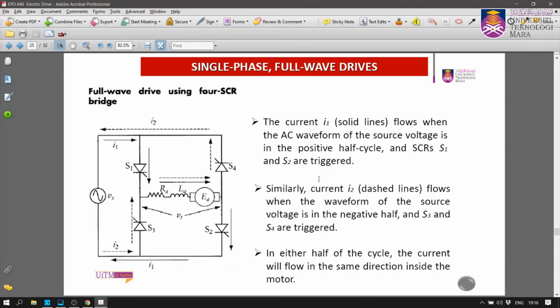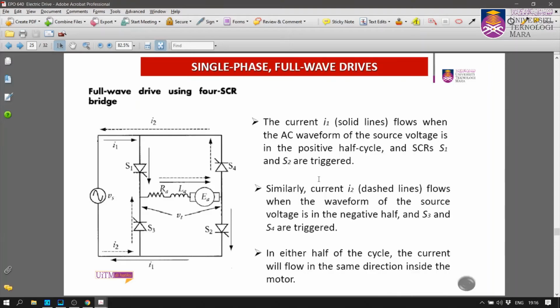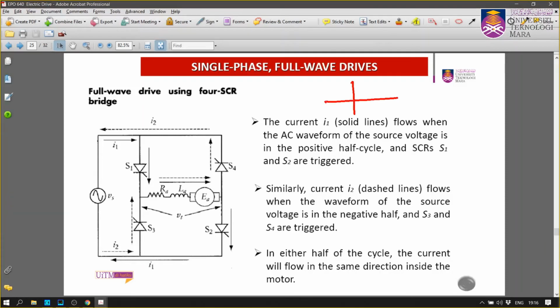In either half of the cycle, the current will flow in the same direction inside the motor. So this type of operation actually works in two quadrants. I'm going to explain later. Okay, so you have this, and this only works for two quadrants, which is, if I can write that, we talk about voltage and current.